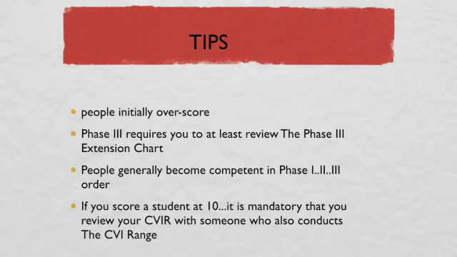So for example, in distance viewing, a parent may say, he sees the train out the window when the train goes by, and boy, that's at least 100 yards away. 100 yards is not this child's distance viewing ability.